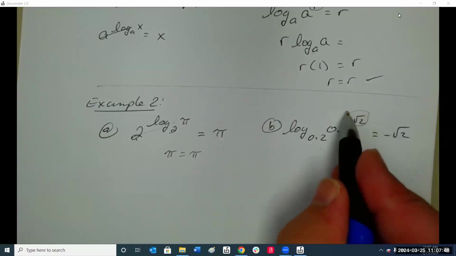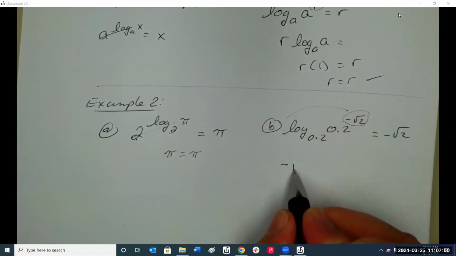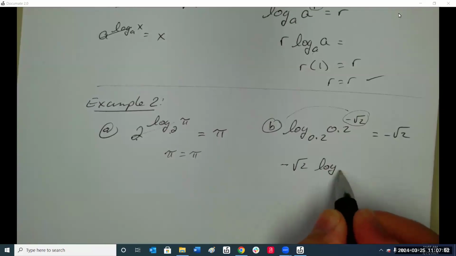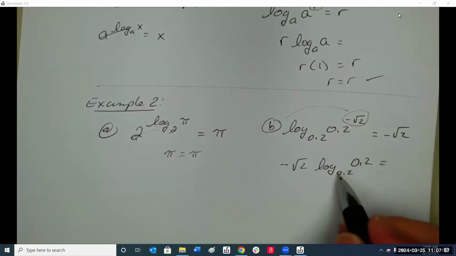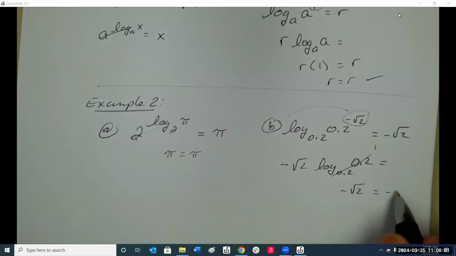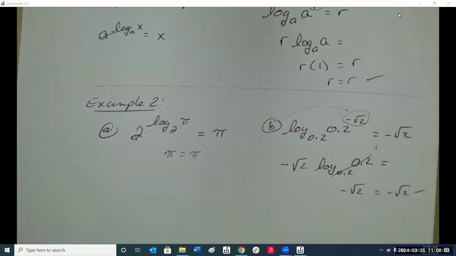The exponent goes out in front. That becomes 1. So we have negative radical 2 equals negative radical 2. Check, that works.